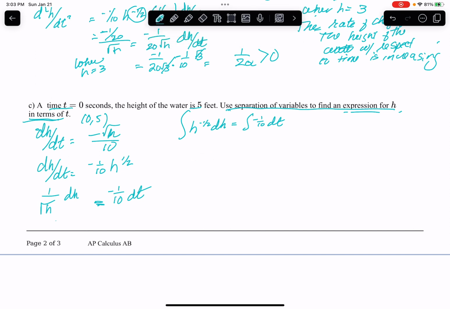Hang on a minute. I'm going to be adding 1, so that would give me h to the 1/2 over 1/2, so that's 2h to the 1/2 is equal to negative 1/10 t plus c. There we go. If I want to multiply that 2 over there, I get h to the 1/2 is negative 1/5 t plus c.